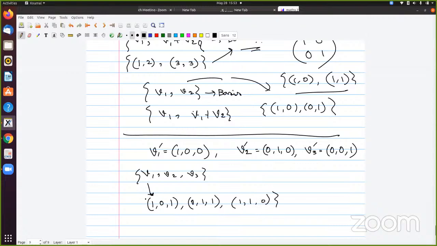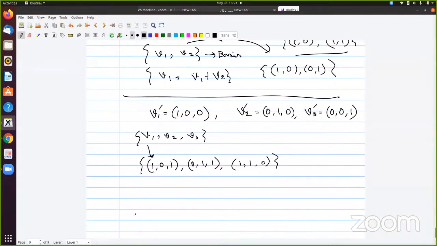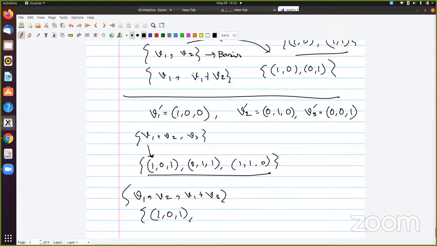My question is basically this one. I am not saying you are wrong. Just give me this answer, okay? The question was V1, V2, and V1 plus V3. Suppose I have this vector. I want to show that these vectors are dependent, right?